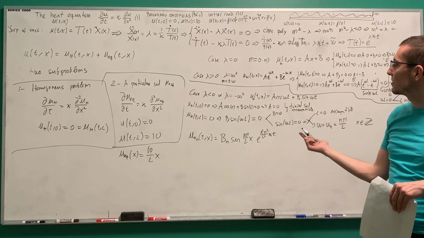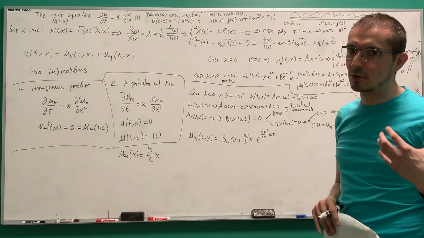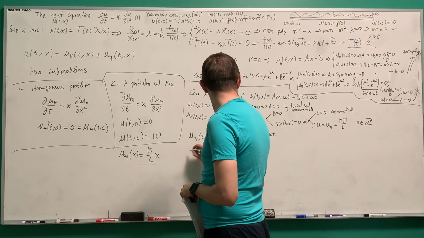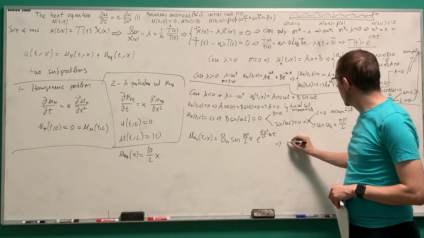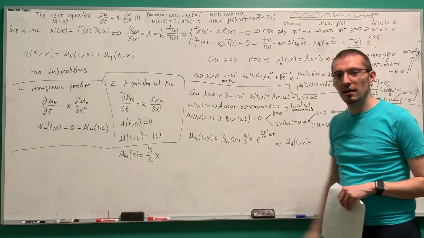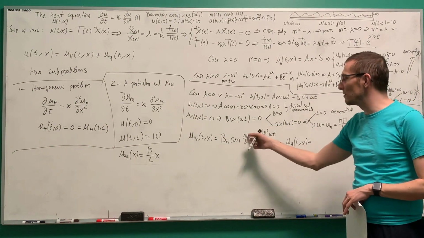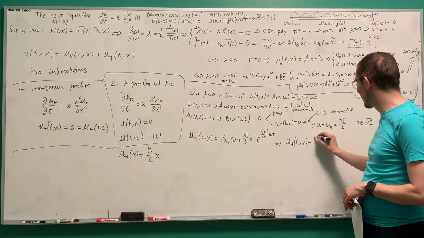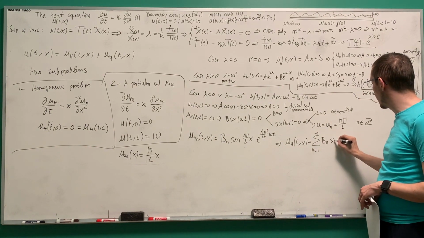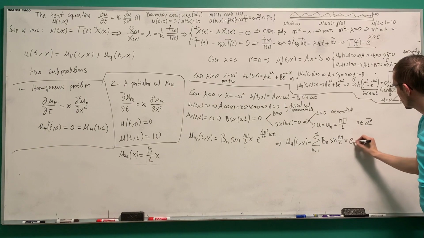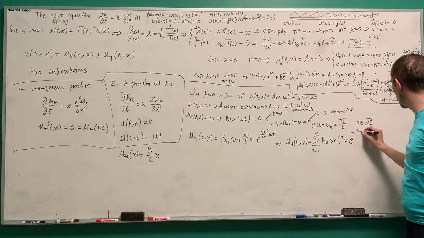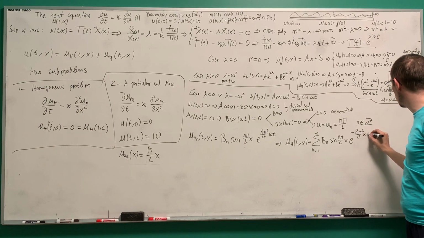But of course, these are an infinite set of solutions. I need to, for the general solution, consider all of them. So if I consider all of them, I get that the total homogeneous solution is the sum of all the n independent solutions for the system, the sum of all the elements of the base of solutions: sum n equals 1 to infinity of Bn sine n pi over L x exponential of minus, because remember, lambda is minus omega squared, n squared pi squared divided by L squared kappa t.